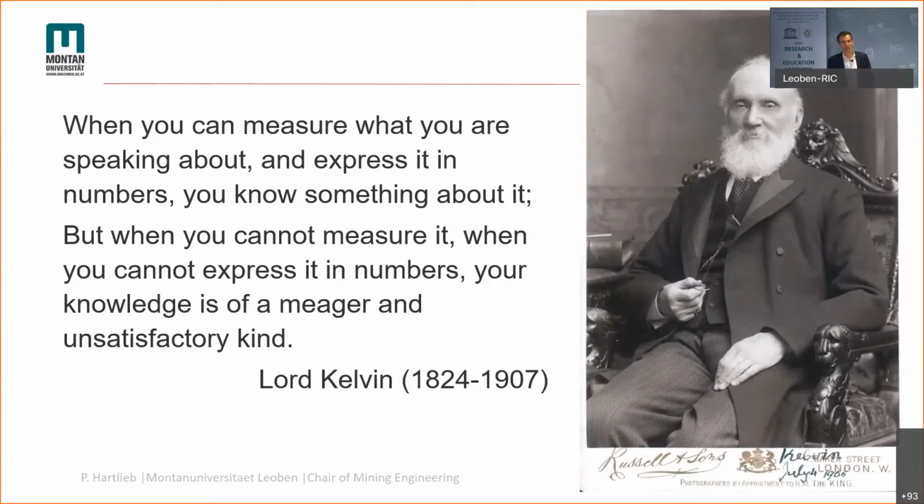I think that says it all. Kelvin wanted to measure temperature and some other things. In modern times, temperature is a low-hanging fruit. We can measure many other things, but we want to know something about the process. We want to know something about the background, and that's the reason why we are measuring things, and that's the overall goal of what we are doing.